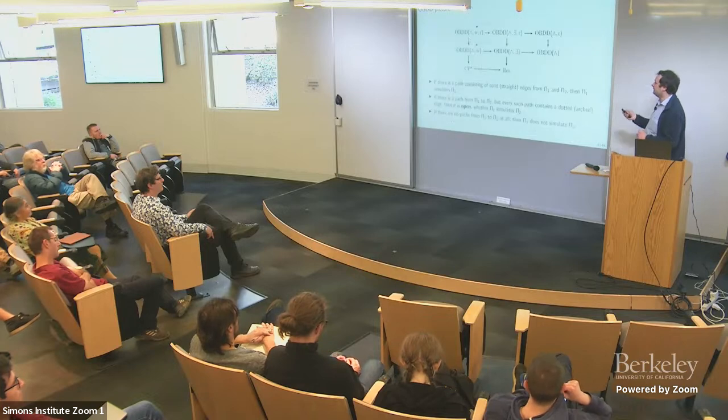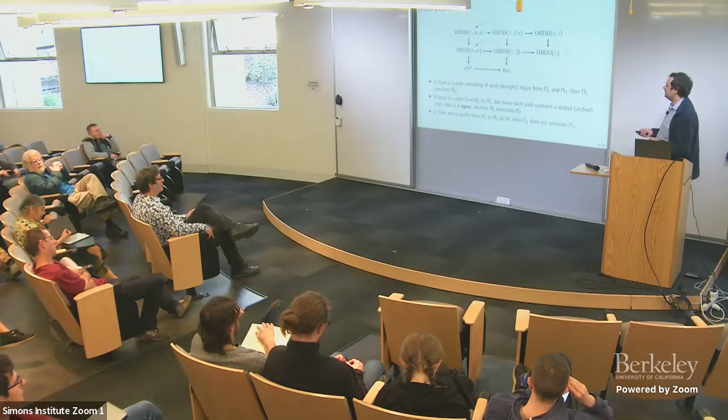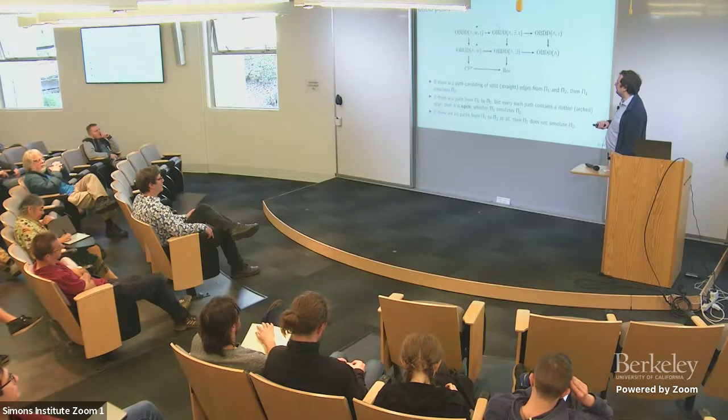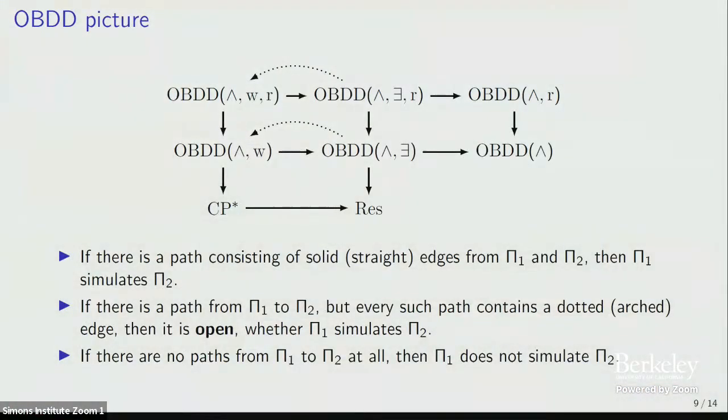Okay. And this is the whole picture. What we know, and here one proof system simulates another if there is a path with bold edges, and if not, there is no path, that means there is no simulation, and if there is a path that uses a dotted edge, then the existence of simulation is an open question.